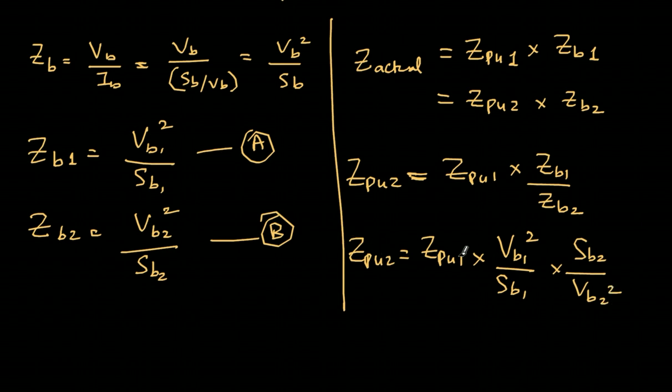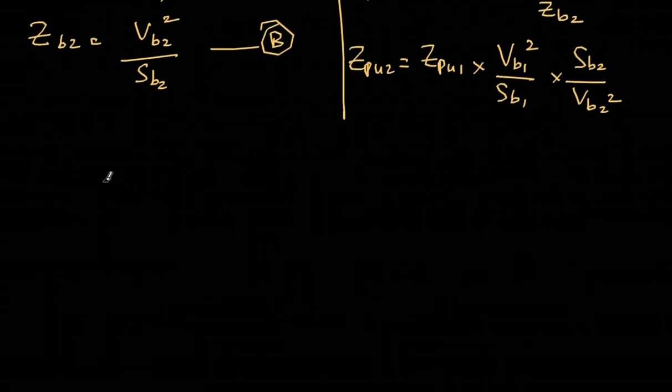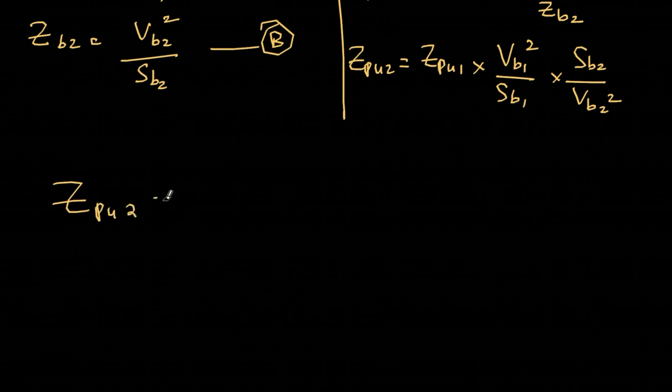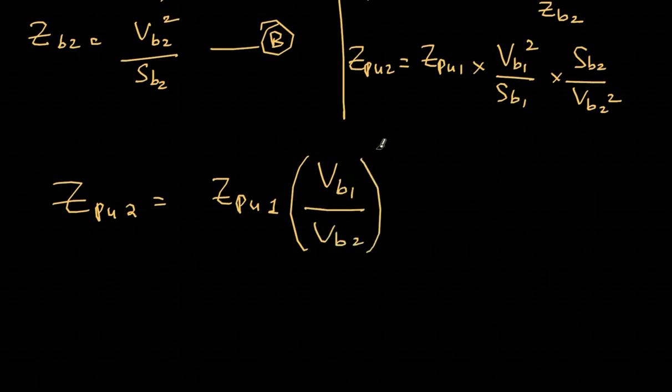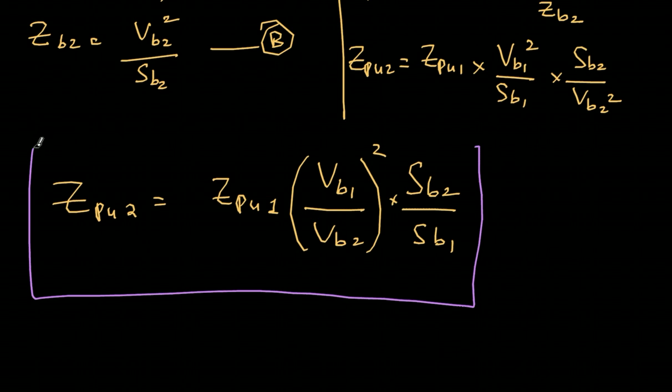If I simply rearrange this, I'll get Z per unit 2 equal to Z per unit 1 times VB1 by VB2 whole square, multiplied by SB2 by SB1. This is a very important formula. You'll have to know how to derive it whenever it is required. If I know all the things on the right side, I can find Z per unit 2.